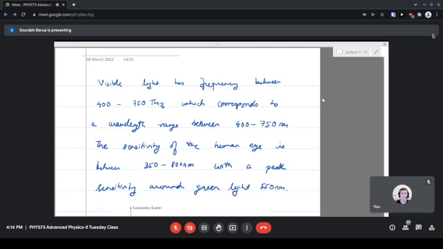Okay, so visible light has a wavelength between 400 to 750 nanometers, and if you convert it into frequency, that will come to around 400 to 750 terahertz. So that is what I have written here. So how will you convert wavelength into frequency?